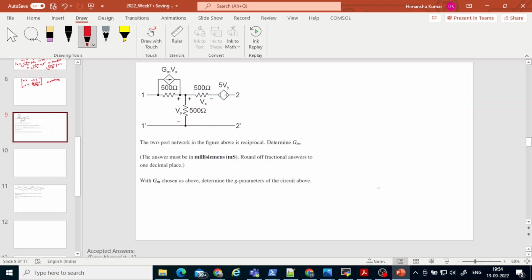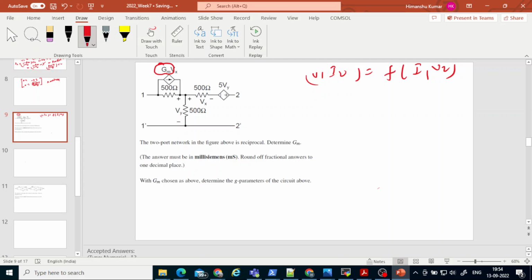Okay, so this problem is similar to our earlier problems. In this case we need to find the G matrix. In our previous case, the H matrix parameters V1 and I2 were functions of I1 and V2, and in this case the G parameters I1 and V2 are functions of V1 and I2.